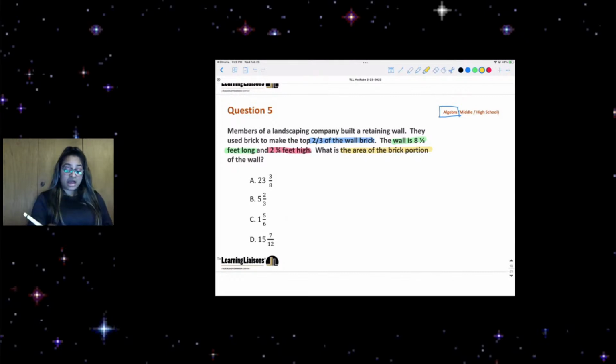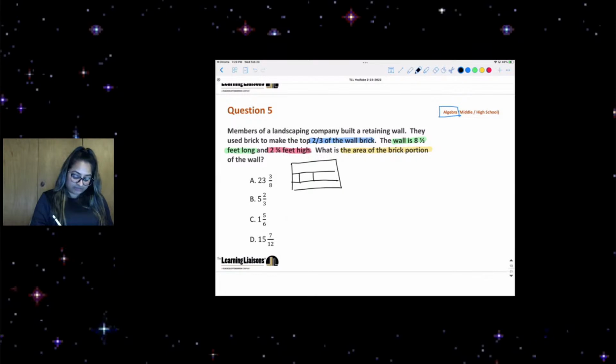So I always say that it's best to draw and then figure out what's going on. So if I had to draw this, here is my wall. The top half, well, not half, the top third is going to be made of brick, and the bottom is going to be made of whatever it is.